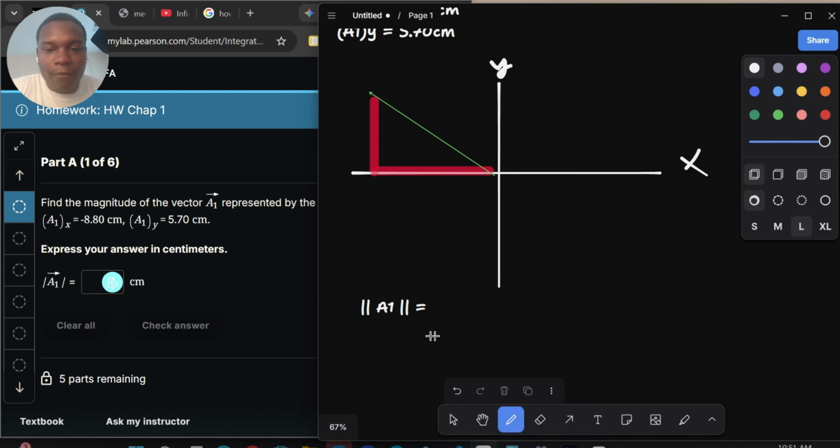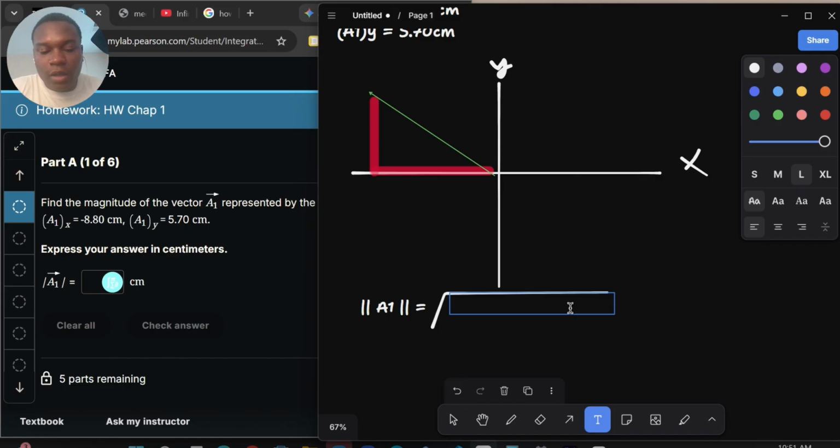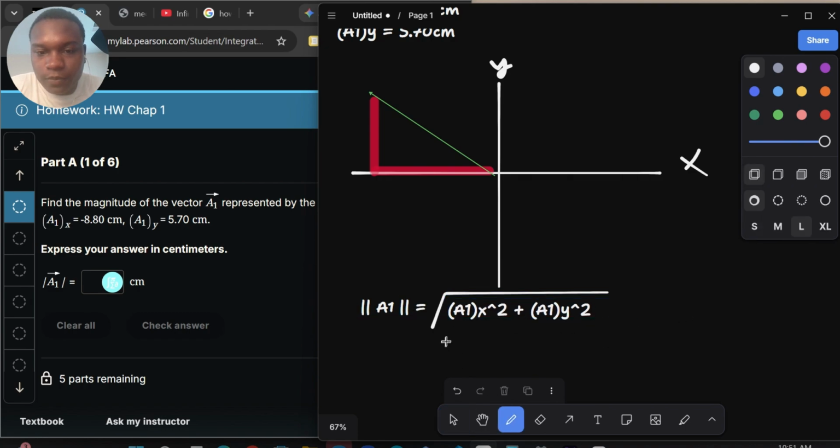So it'll be like this: A1 equals the square root of A1x squared plus A1y squared.